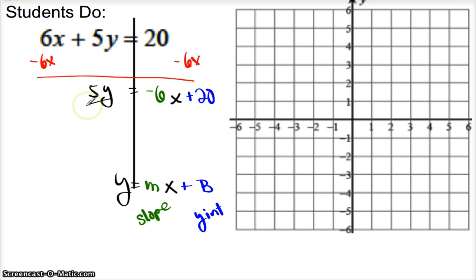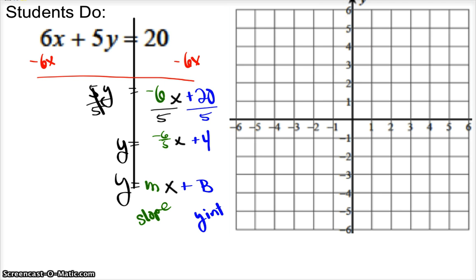All I gotta do is get rid of this 5. This side, 5. And this side, I'll do everything by 5. These 5s cancel. And I now have, like I wanted, y all by itself, and negative 6 divided by 5 is negative 6 over 5, x, and then 20 divided by 5 is plus 4.